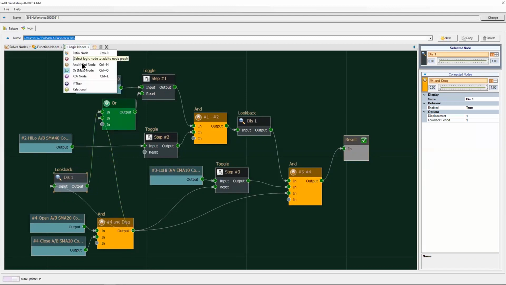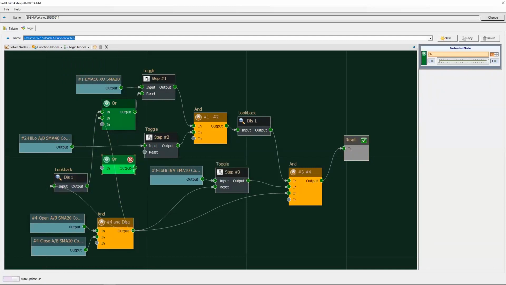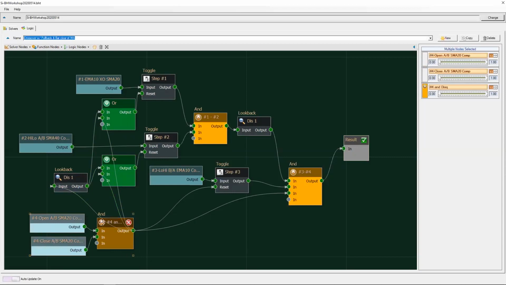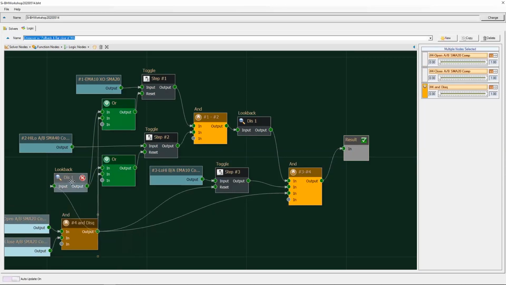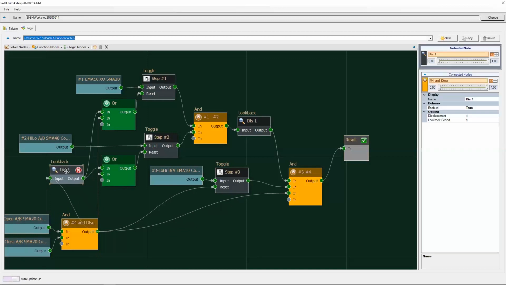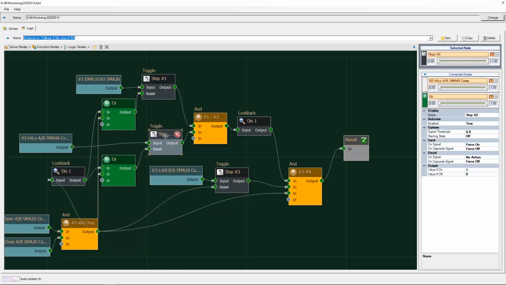All right, so let's finish up the rest of this logic here. So that goes in there, and that goes there, that goes there. And we'll line everything up, make it look a little prettier.